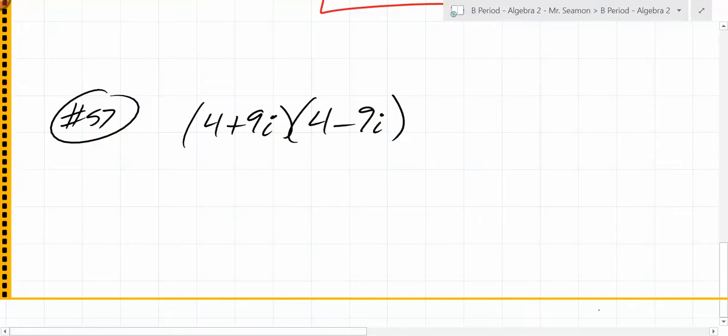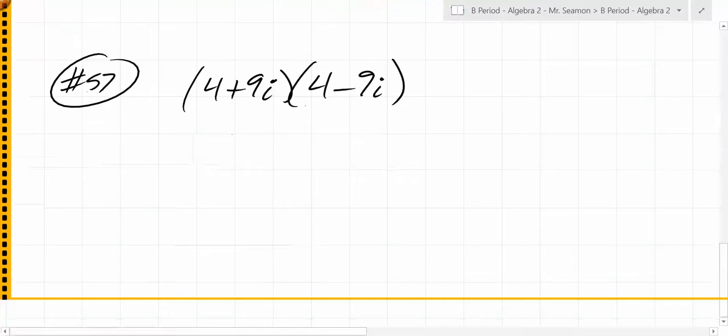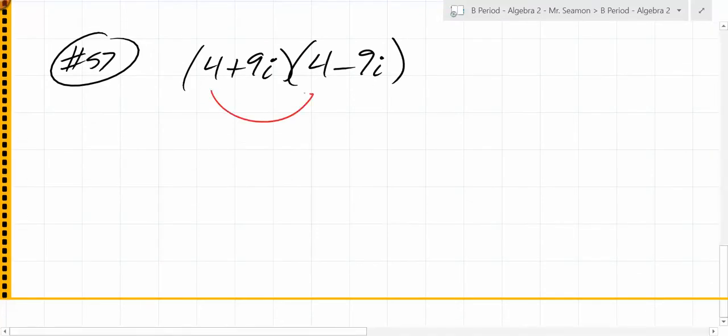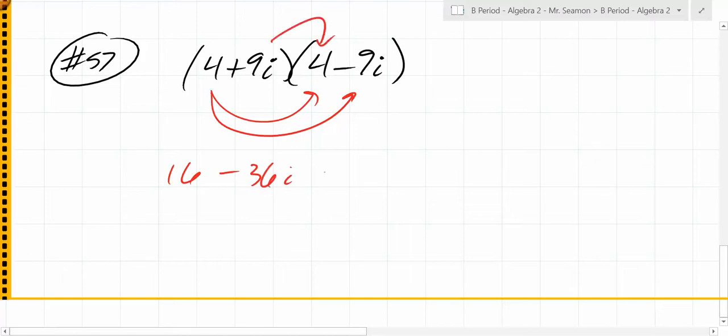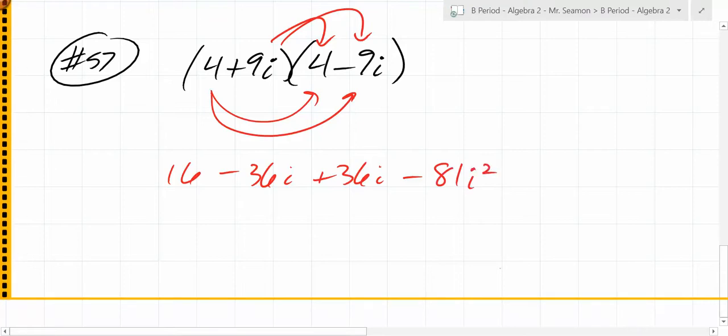Okay. The number one most common mistake when working with imaginary numbers is being a little too careless with negative signs. So when you do this out, Rachel, what's 4 times 4? 4 times negative 9i. And then right here, what do you get? Correct. And then what do you get here? Correct. You have to be very careful here because these go away.